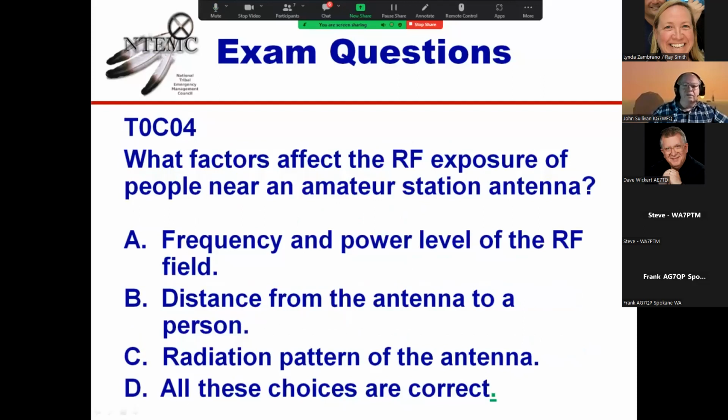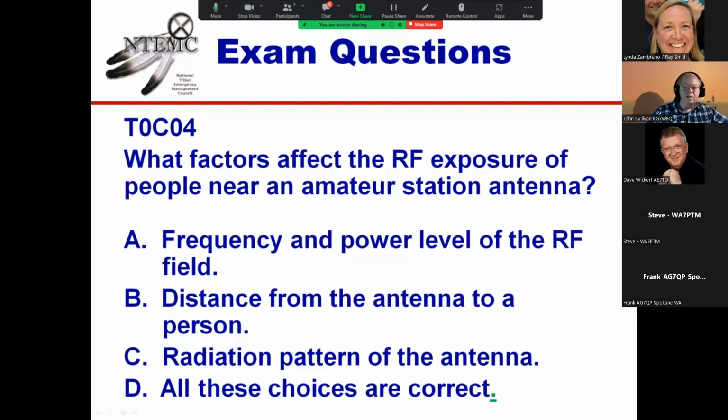What factors affect RF exposure of people near an amateur radio antenna? Frequency and power level of the RF field, distance from the antenna to the person, and radiation pattern of the antenna. Well, actually, all of these are correct. We already saw those charts that talk about the power levels versus frequency and how important that is. And logically, the farther away from the antenna you are, the less you're going to get exposed.